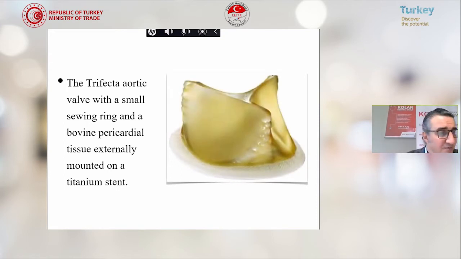The Trifecta aortic valve is one of the other new generation bioprostheses with a small sewing ring, a single sheet of bovine pericardial tissue externally mounted on the titanium stent, which is designed to achieve a better hemodynamic profile.